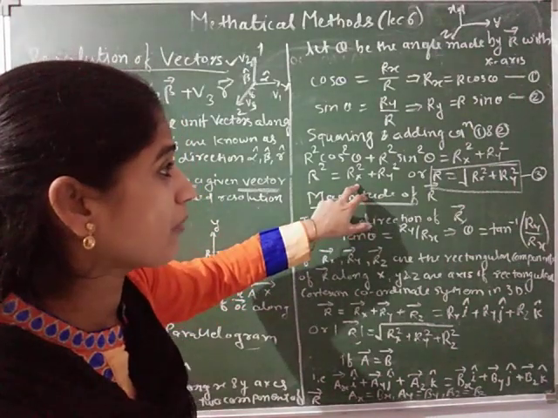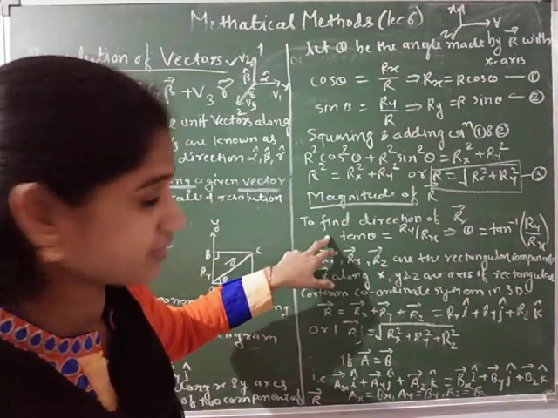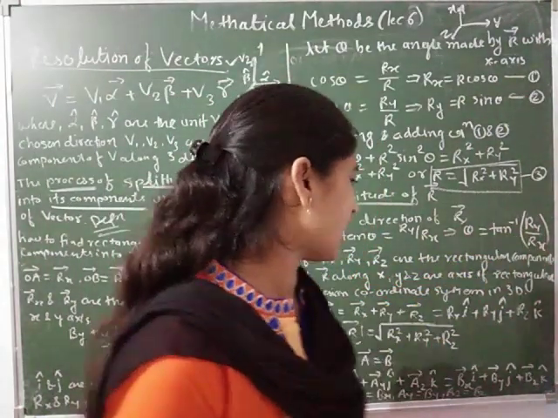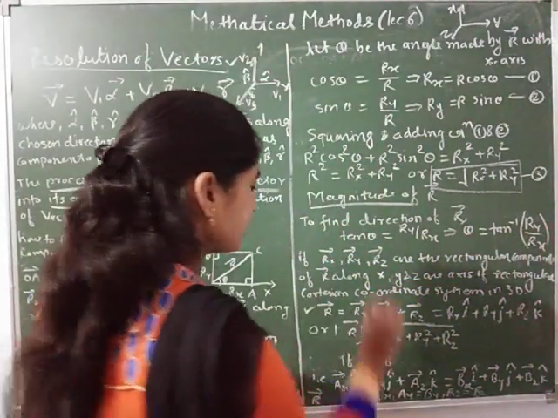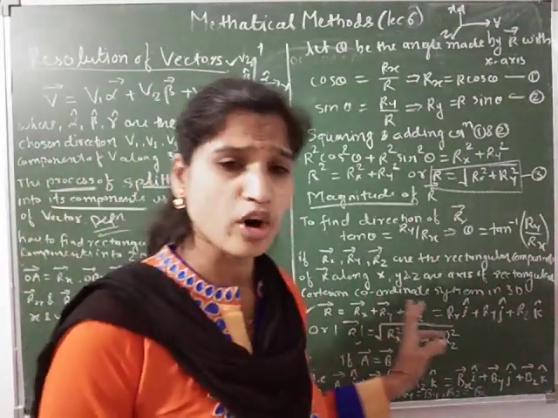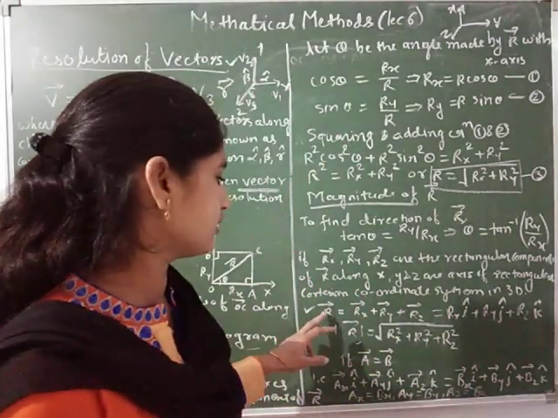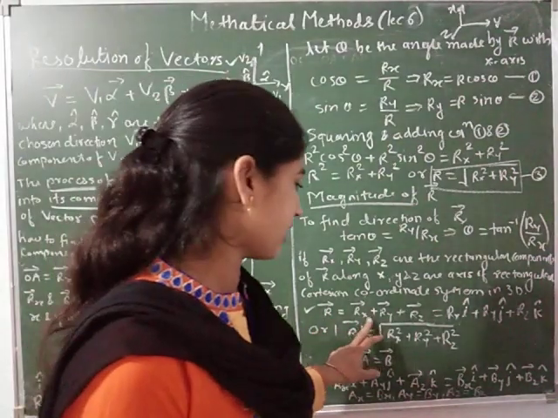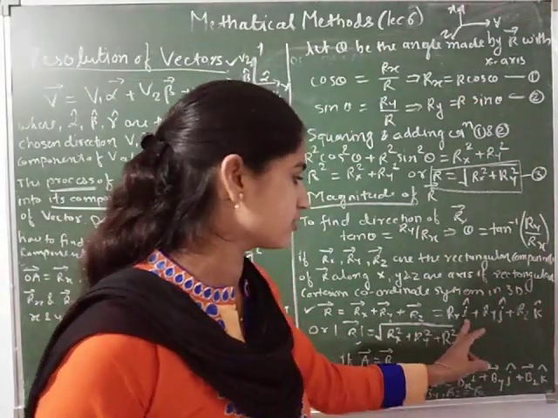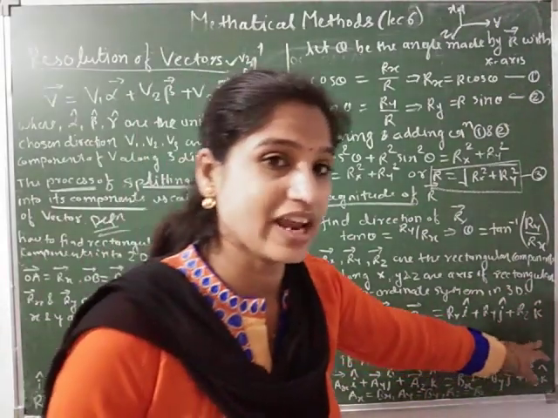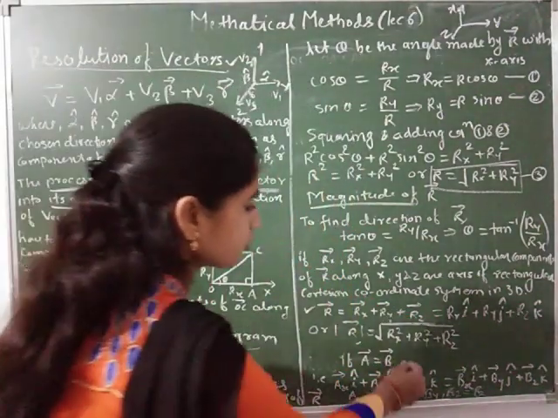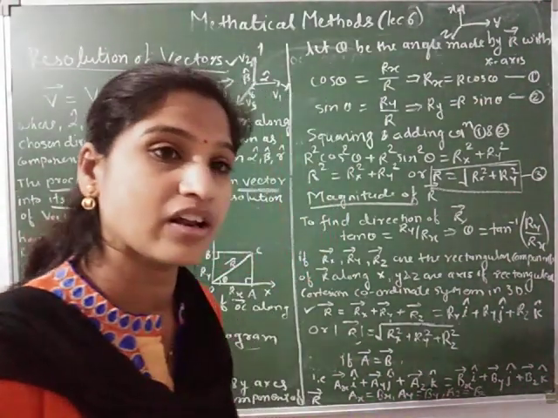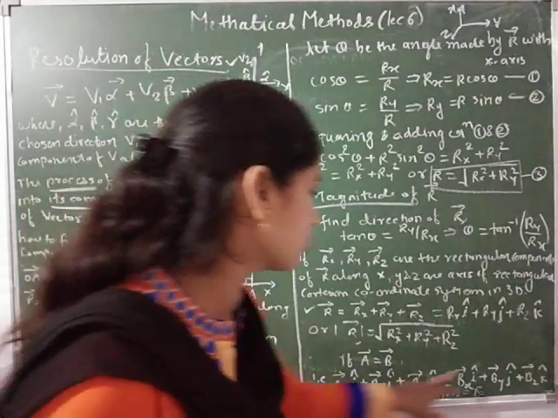Then the direction of vector R is theta equal to tan inverse of Ry upon Rx. In a 3-dimensional coordinate system we can write vector R in three directions x, y and z, having unit vectors i, j and k. And if two vectors are equal, then their components along the same axes are also equal.